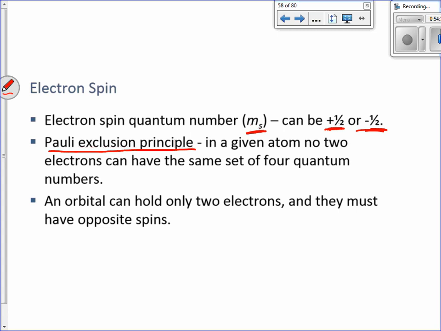So that really tells us that each orbital can only hold 2 electrons, because that last quantum number, if it's plus a half, minus a half, nobody's going to have exactly the same address. Okay, and plus a half, minus a half, it looks like it's spinning upward and downward. It's really spinning like a top, and it's spinning clockwise and counterclockwise.